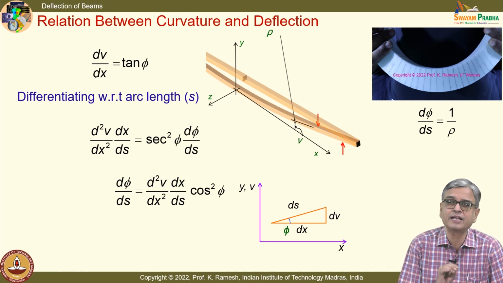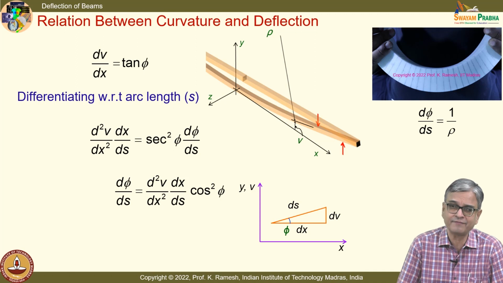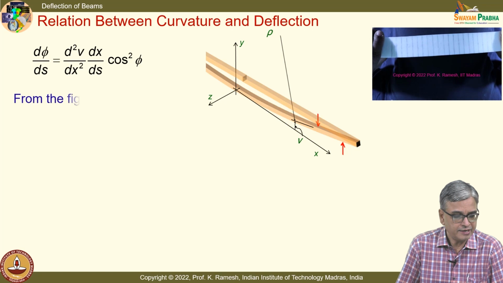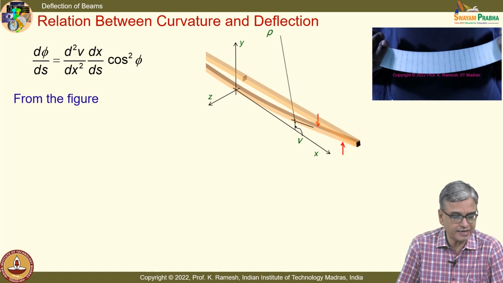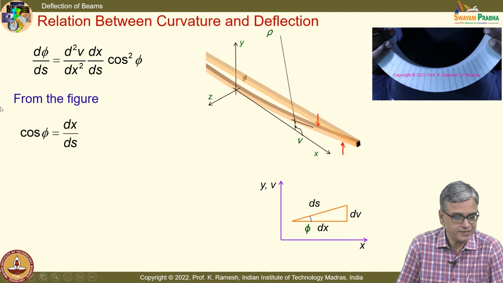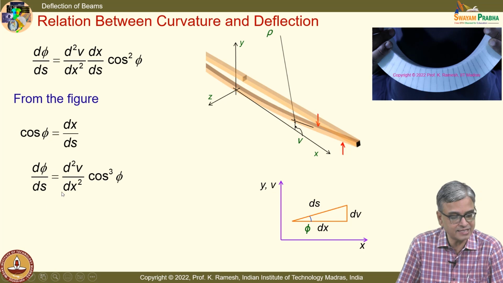Very simple exposure which you already have is going to be utilized. From the figure I can write what is cos phi. So, cos phi is dx by ds, and so dx by ds cos squared phi becomes cos cube phi. So, I have d phi by ds given as d squared v by dx squared cos cube phi.